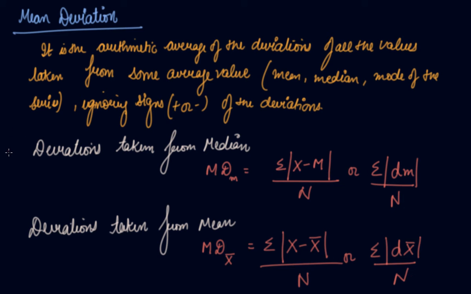These are the absolute measures of dispersion. Now we have to find out the relative value of dispersion as well, which is also known as the coefficient of mean deviation.